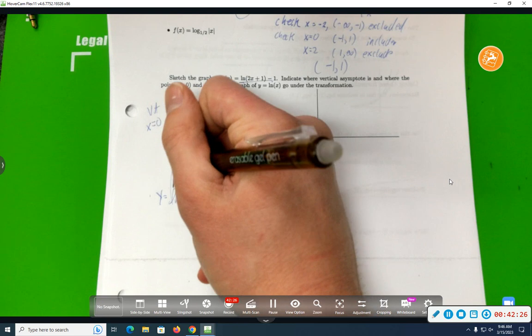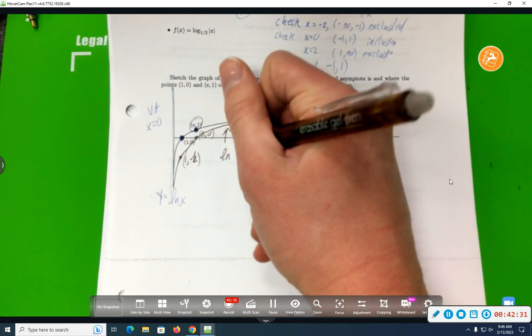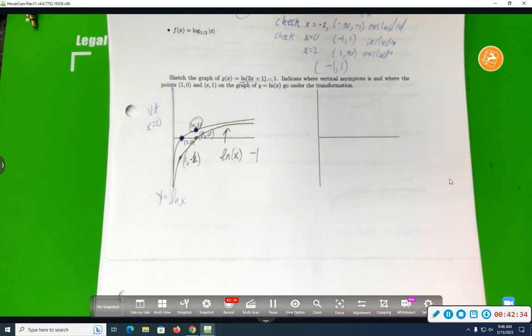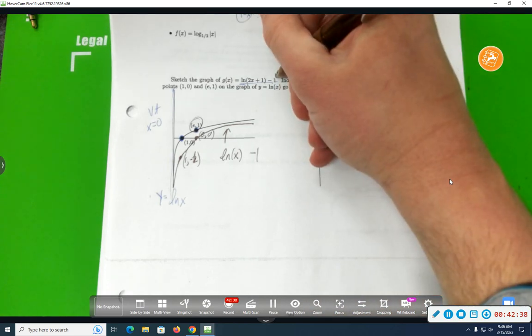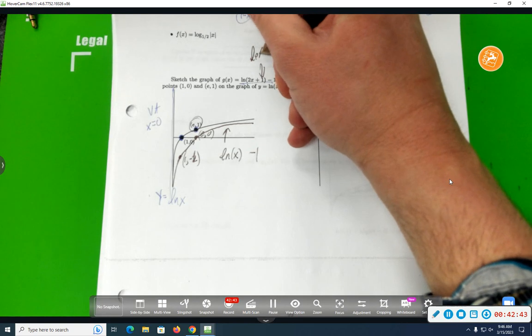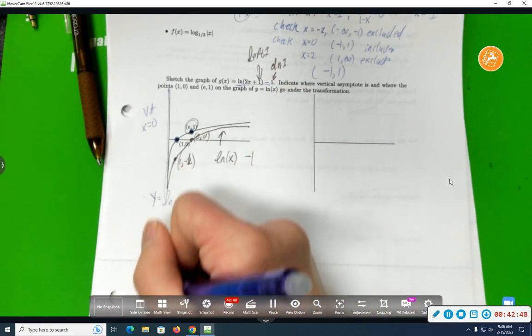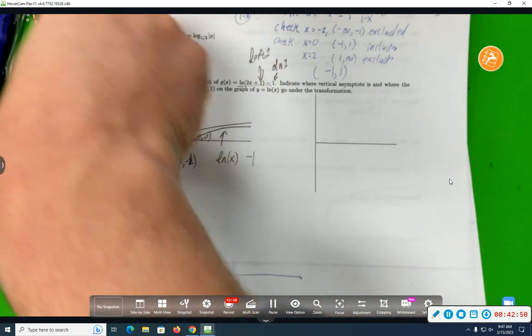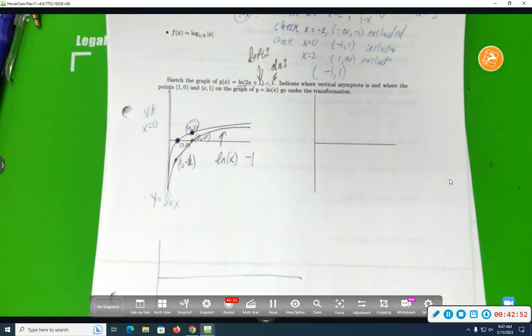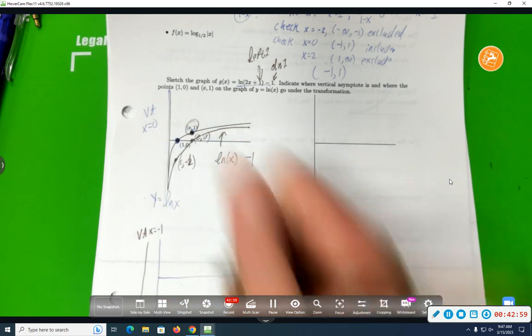So there's the graph of ln of x minus 1. What will the plus 1 do to the graph? So let's do that. Let's track where each of those points and the vertical line will go. So where will the vertical asymptote go when we do that? Negative 1. Vertical asymptote at x equals negative 1.